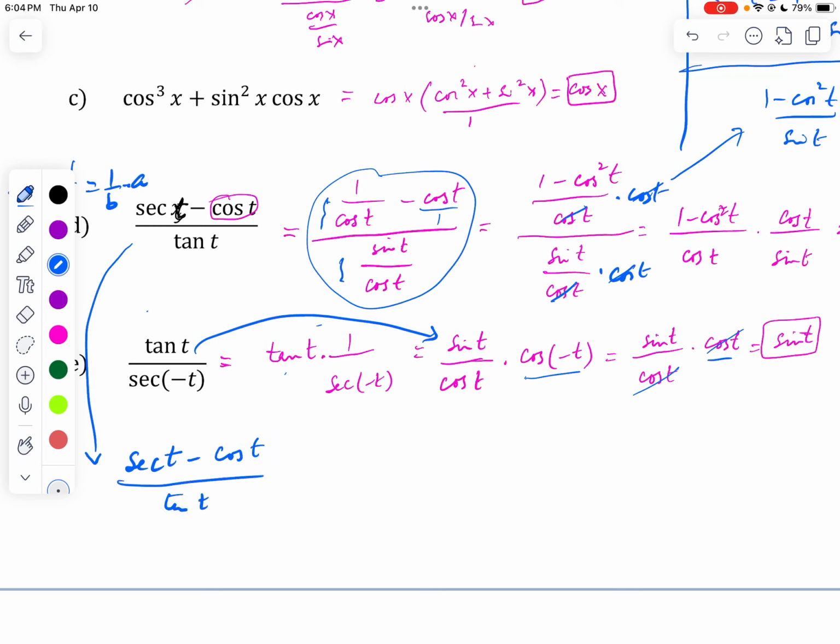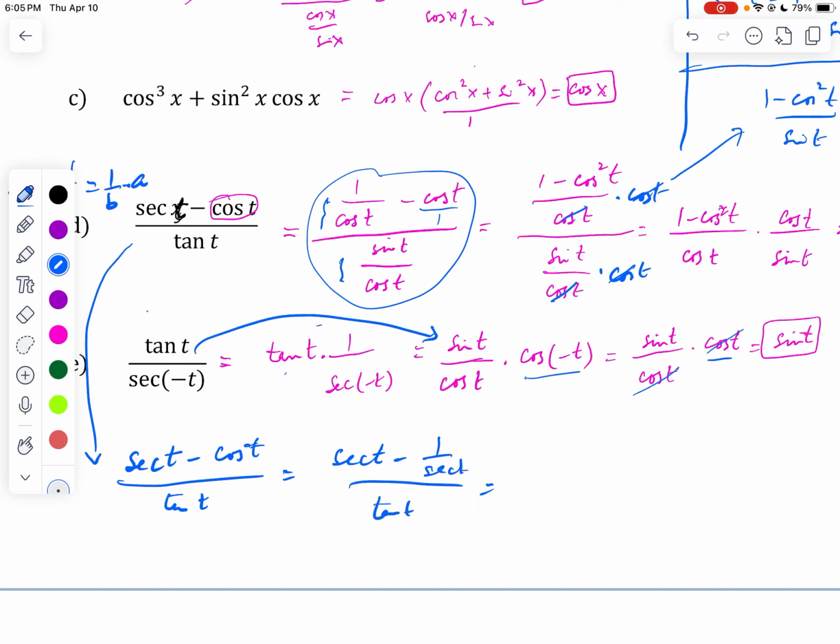Above I showed you that cosine t is equal to 1 over secant t. Cosine is the reciprocal of secant. So we can do that: secant of t minus 1 over secant of t, over tangent of t.